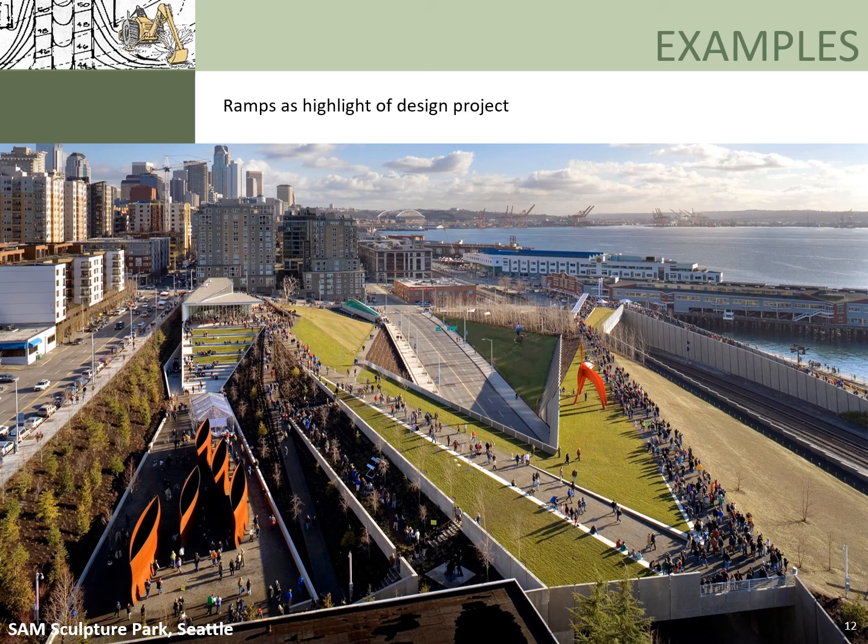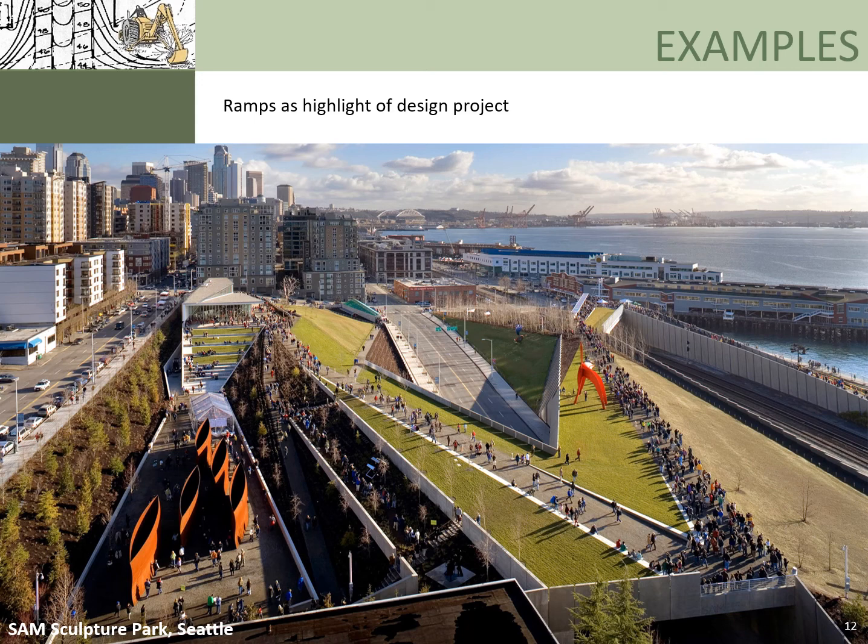Lastly, like before, I just want to go over a few design examples to highlight that ramps, like walls and steps, can provide unique design opportunities, such as this one at the Olympic Sculpture Park in Seattle. This project used a series of ramps to form an uninterrupted Z-shaped platform that descends 40 feet from the city to the water.